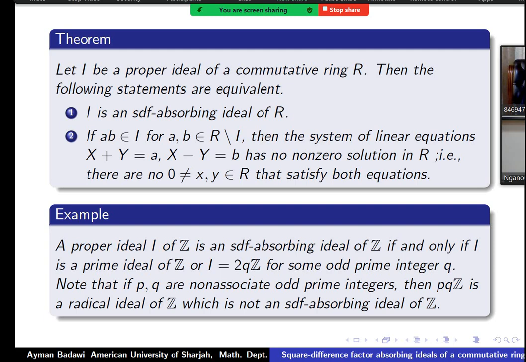This is equivalent to saying that if a, b are both not in I but are in R, then this system of linear equations has a non-zero solution in R. Also, observe that 1 implies 2; it was very useful in proving some of our results.